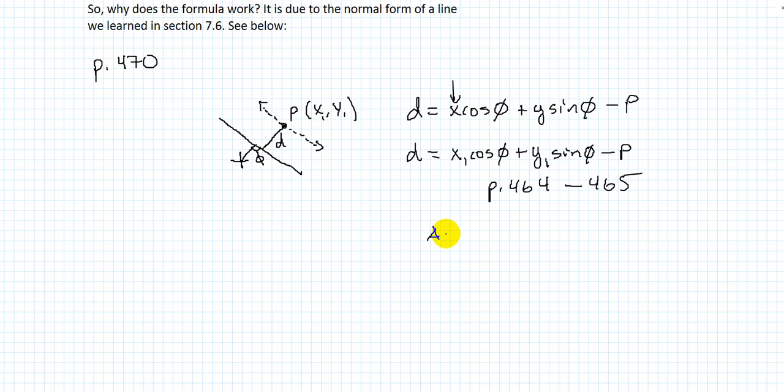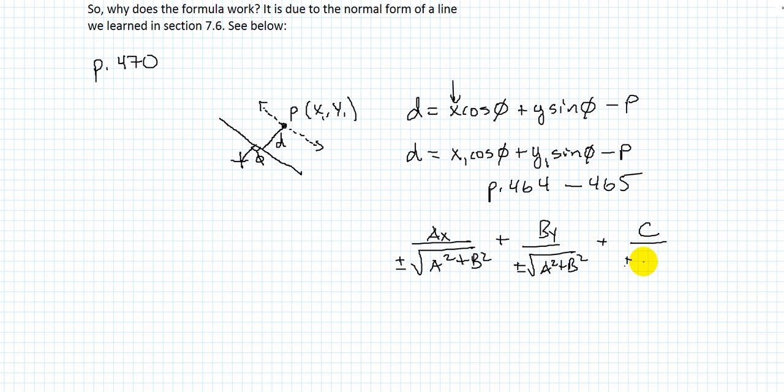You'll see ax over plus or minus the square root of a squared plus b squared, plus by over plus or minus the square root of a squared plus b squared, plus c over plus or minus the square root of a squared plus b squared. And if you're adding all that together, you'll see that equals the distance formula that we just learned.